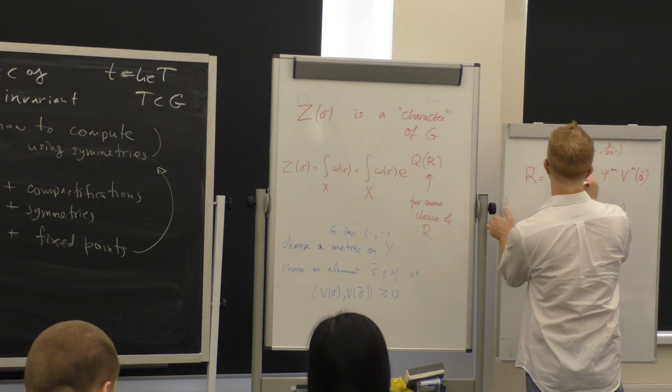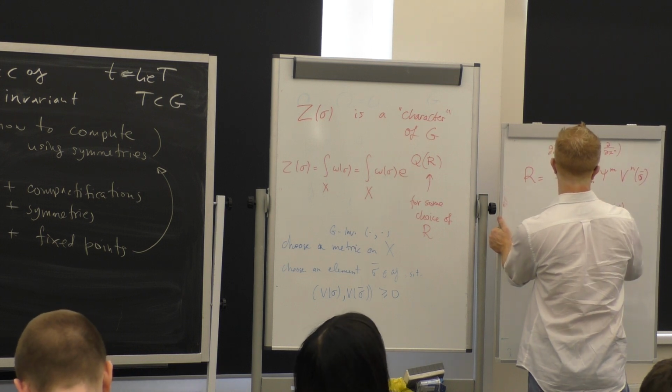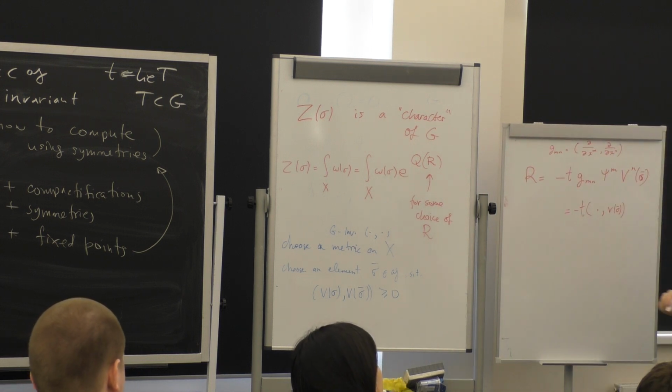And then I want to multiply it by some number t. So there is some parameter t in my problem.